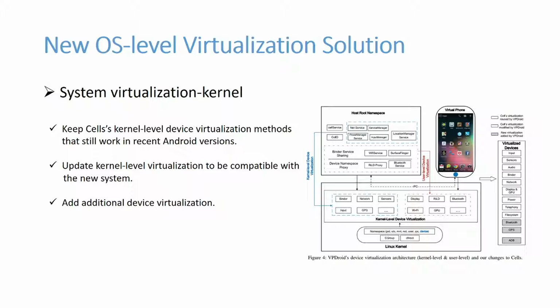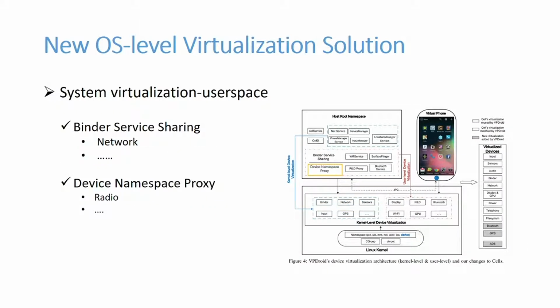In the kernel, we inherit the kernel virtualization of cells, such as input and sensors, and update the kernel virtualization to be compatible with the new system, such as binder and network. We add additional device virtualization, for example GPS, to user space. We provide binder sharing and device proxy so that our virtualized components are excluded from the guest, ensuring the transparency of the virtualized environments.